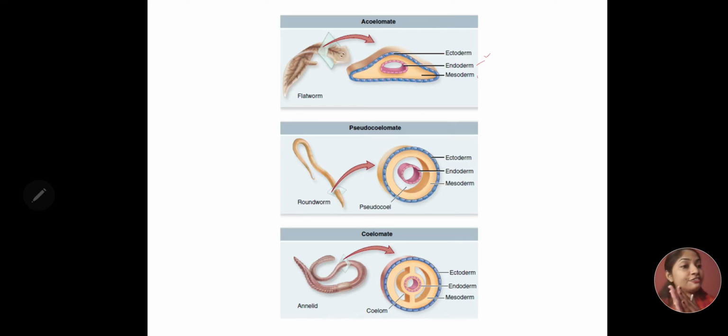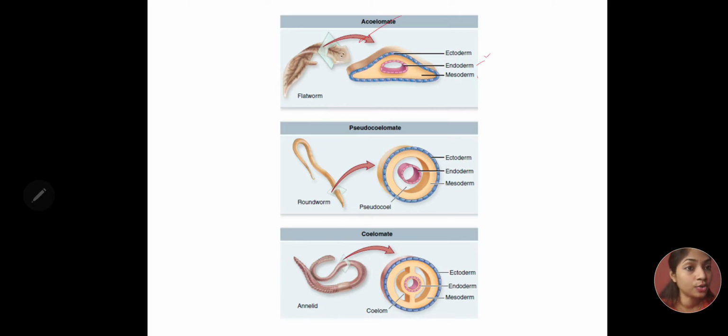Any organism belonging to phylum Platyhelminthes onwards is essentially triploblastic in nature. But the difference lies in the presence or absence of a true coelom. In the case of a flatworm, it has no coelom. Therefore, it is an example of acoelomate triploblasty.